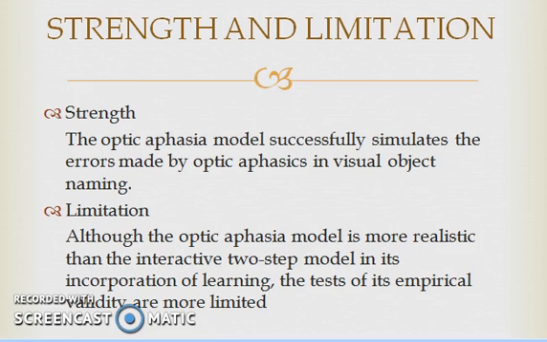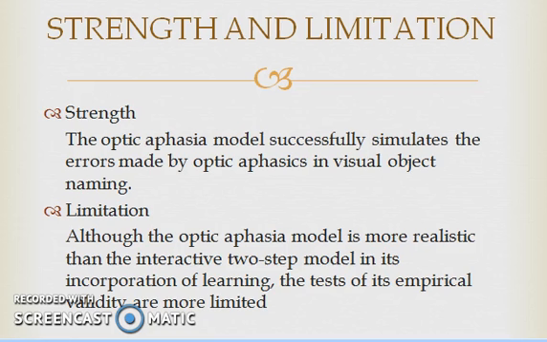And how about limitations? The limitation is that, although the optic aphasia model is more realistic than the interactive two-step model in its incorporation of learning, the tests of its empirical validity are more limited. Holt and Sells compared the model's performance to few patients, and their comparisons are more qualitative than quantitative.